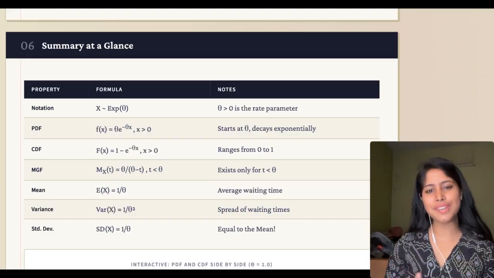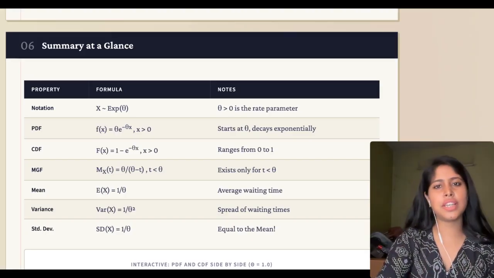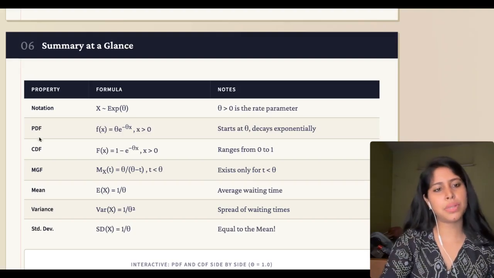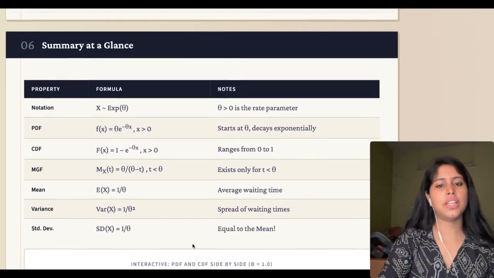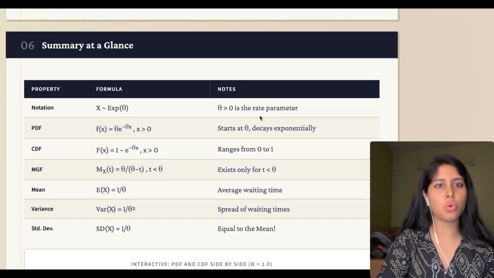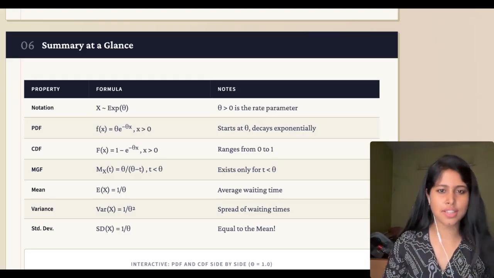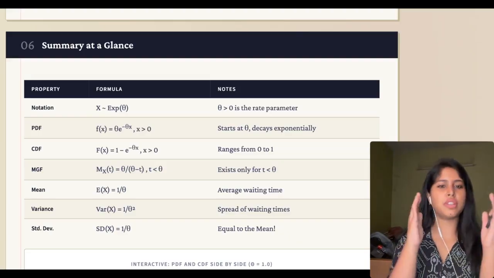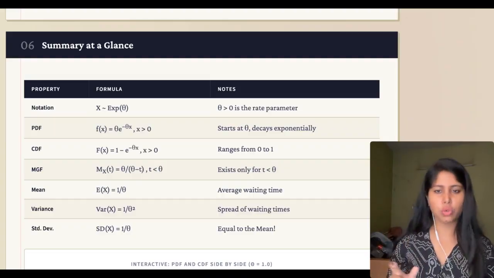And here you can see everything, every formula which I was mentioning: the PDF, CDF, MGF, mean, variance, standard deviation. And here you can see the notes. If you just want to revise what the exponential distribution is, just look at this summary and you can understand, because I have written side by side notes here also.